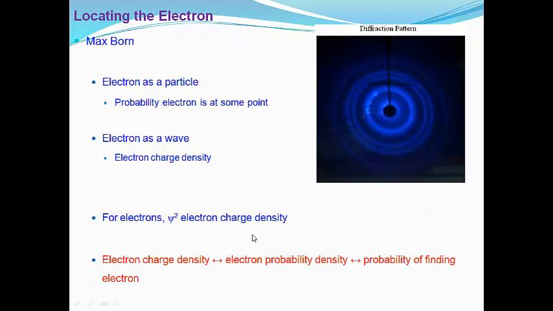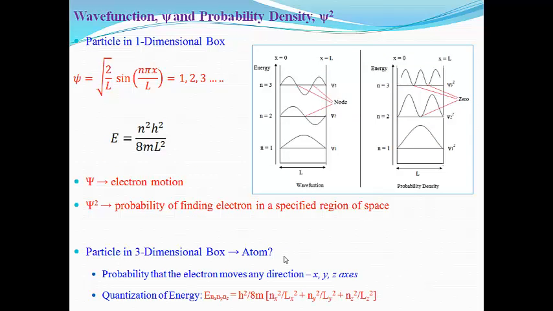And so the physical significance of utilizing the wave function, which describes the electron motion, is that it allows us to relate the interaction of wave functions to the probability of finding the electron. So psi squared allows us to define in more precise terms the probability of finding the electron within a particular region of space.